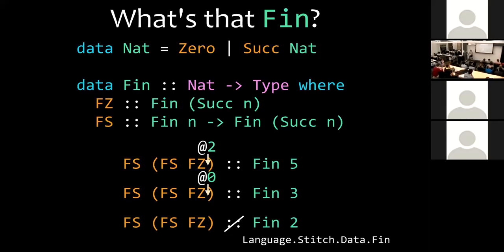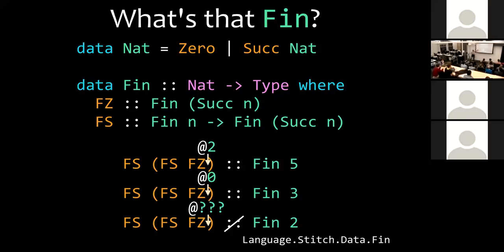But if I want to have Fs of Fs of Fz be Fin 2, I'm in trouble. There's nothing I can put there. This notation with the at sign is the type applications extension, which allows us to specify type parameters in terms. Here, there's no way of building this, which is exactly what I wanted. I wanted Fin 2 to only have 0 and 1, and this is an encoding of 2, so I don't want 2 to have type Fin 2.